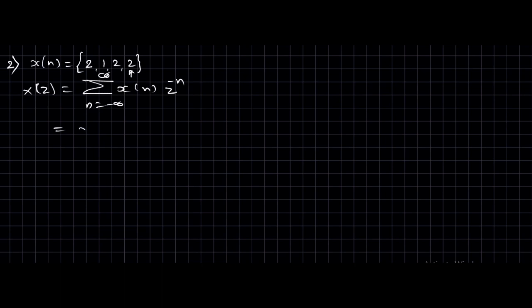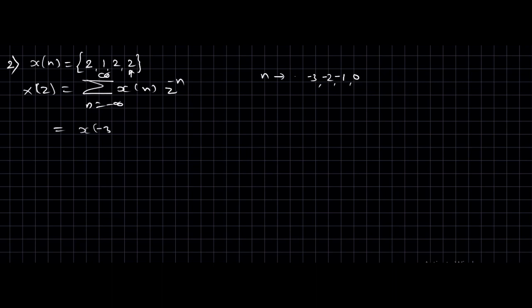So directly I am writing the values. The range of n is 0, minus 1, minus 2 and minus 3. So the range of n is minus 3 to 0. So we are getting 4 samples.